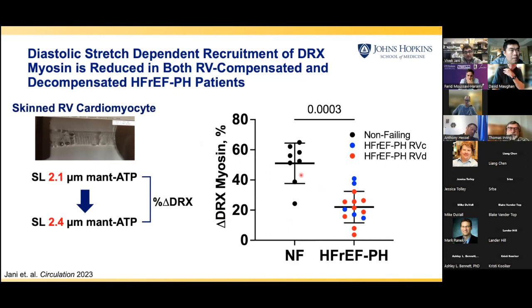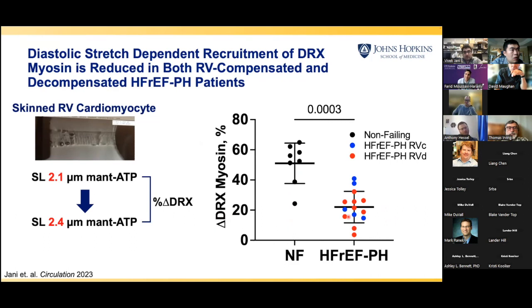And it's reduced across the board in all groups, both compensated and decompensated patients. We thought this may be contributing to the depressed systolic stiffness that we observed in our length tension relationship. But we don't really have enough evidence, at least with these sets of data, to prove that, given that these are taken at rest and those measurements are taken during calcium activation.